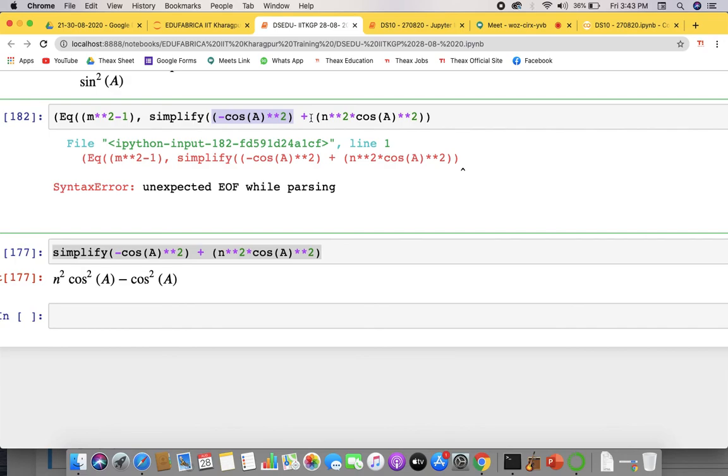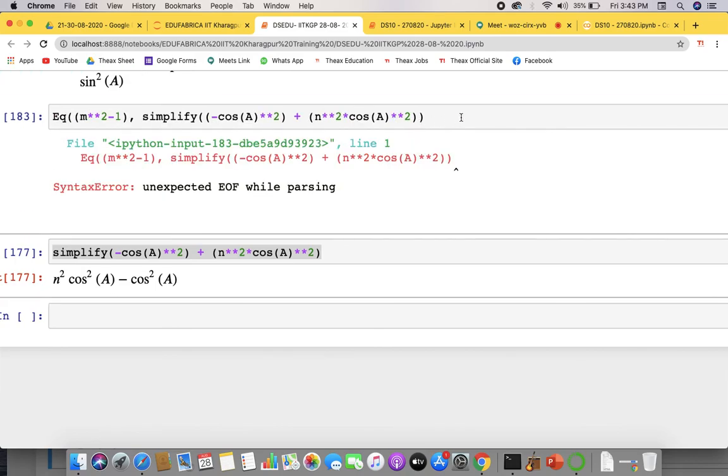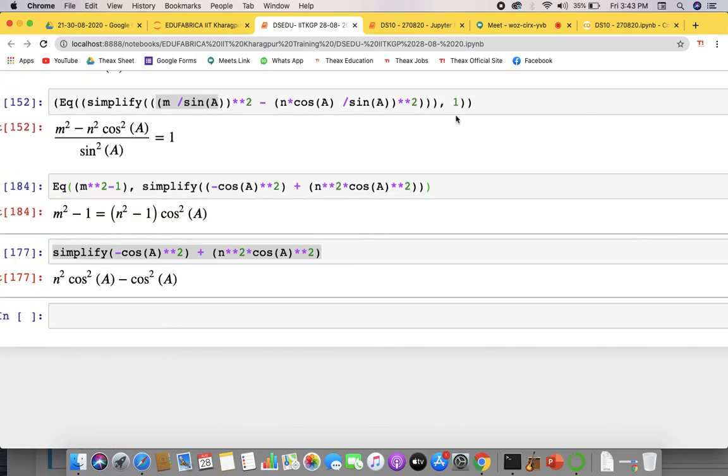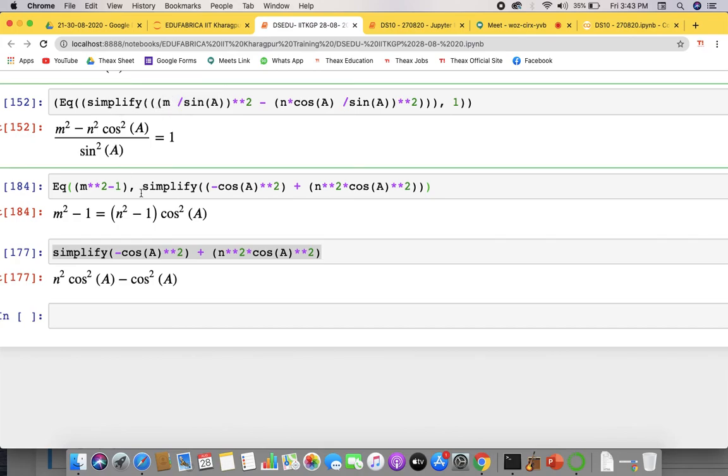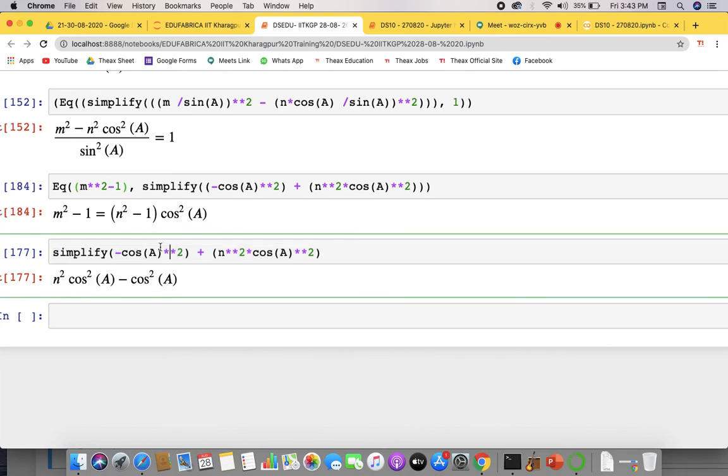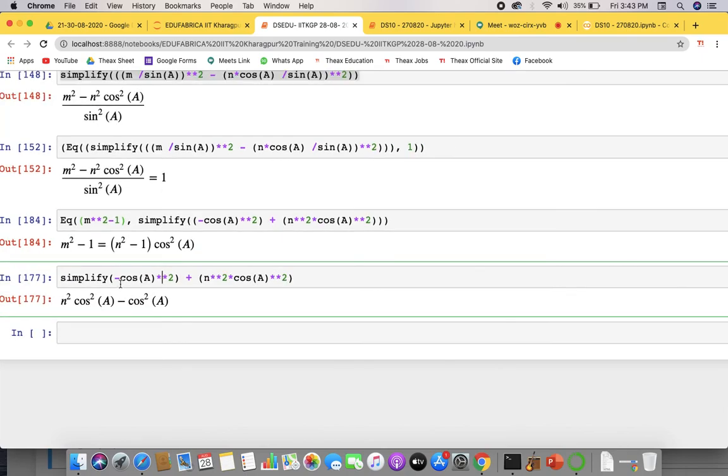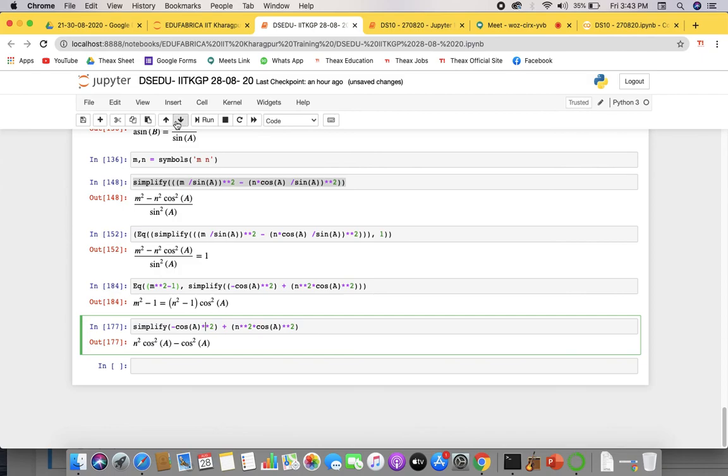Minus cos square. Alright, so this is the equation. M square minus 1 is equals to this. Finally, anyhow, got this.